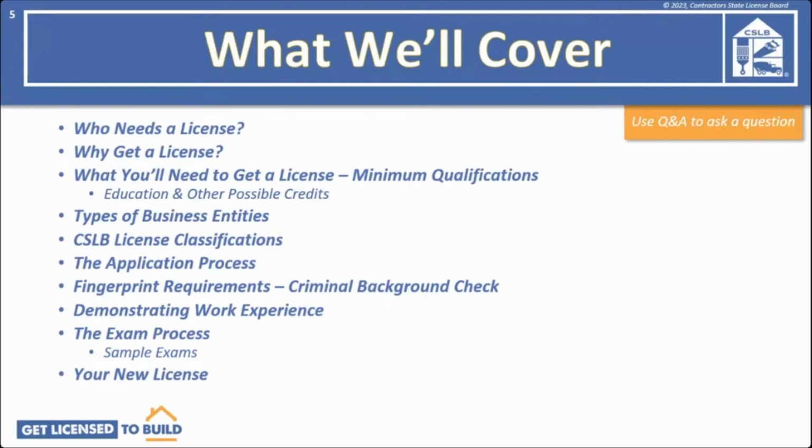We will spend a lot of time giving you tips on how to help fill out your applications, including how to demonstrate your work experience to meet the minimum qualifications, fingerprint requirements for a criminal background check, and we will help you get ready for the exam or exams you'll need to pass in order to get your license. And finally, the other things you'll need to have in place before your license is issued, things like a bond and insurance.